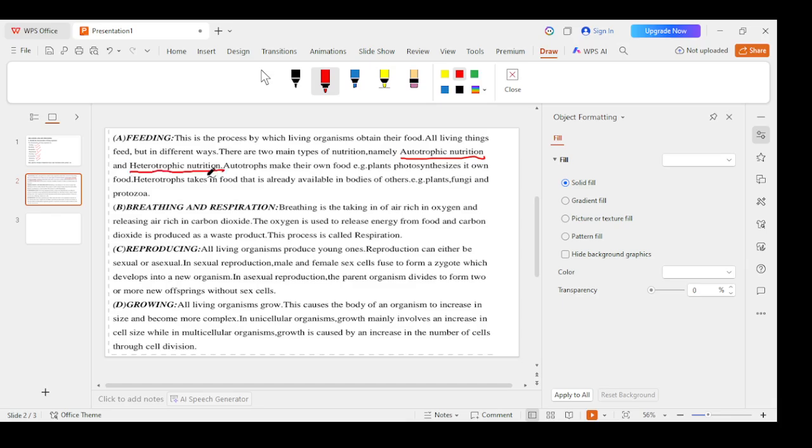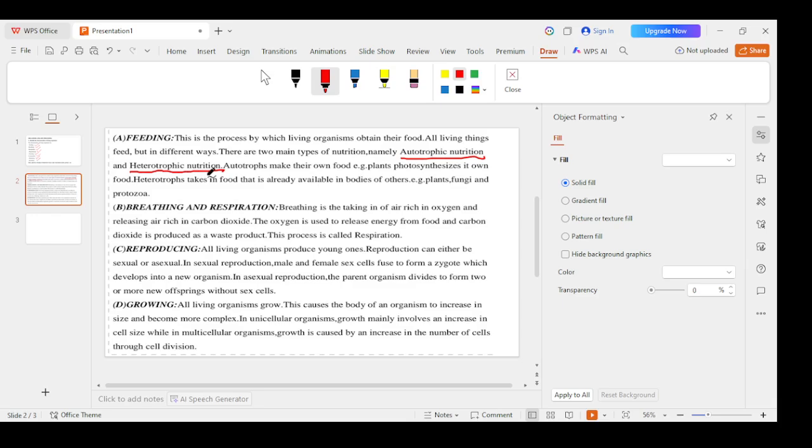Under autotrophic nutrition you find the autotrophs. They are making their own food. Unlike humans, when a baby is born, babies don't make their own food. Their feeding is dependent on the parents, so parents will ensure that they feed their babies.